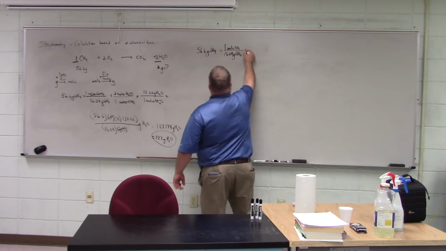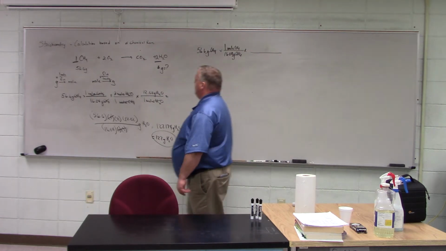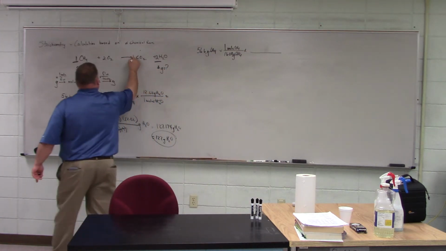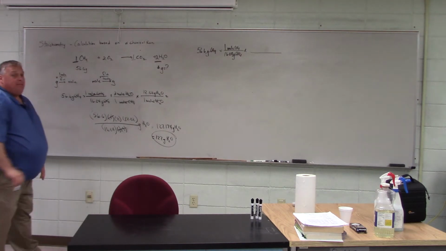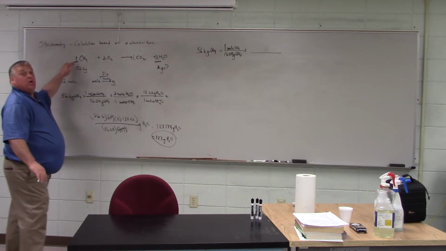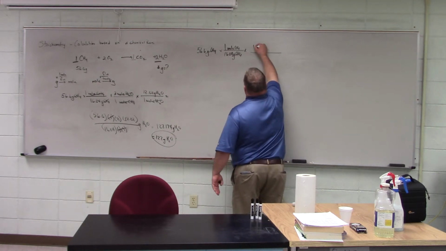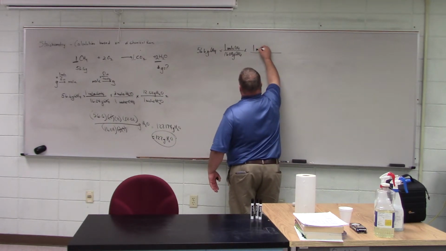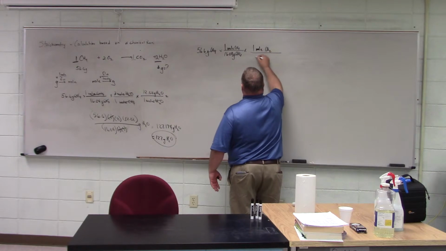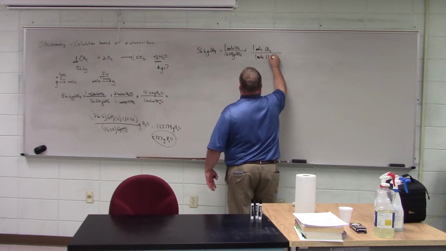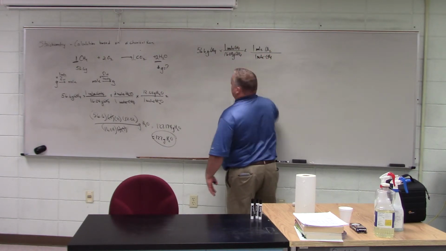That will cancel. Now, from our equation, we have 1 mole of CO2 in our balanced equation. We have 1 mole of CH4 in our balanced equation. So our equation conversion is 1 mole of CO2 for every 1 mole of CH4. Those will cancel.